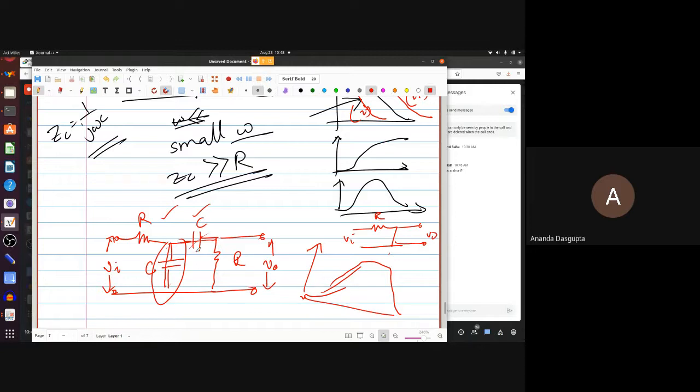In the high frequency scenario, this being a short means it shorts out the entire rest of the combination. So although current flows through the short, there is almost no voltage drop because the short offers no impedance. So once again, no output voltage at very high frequency.